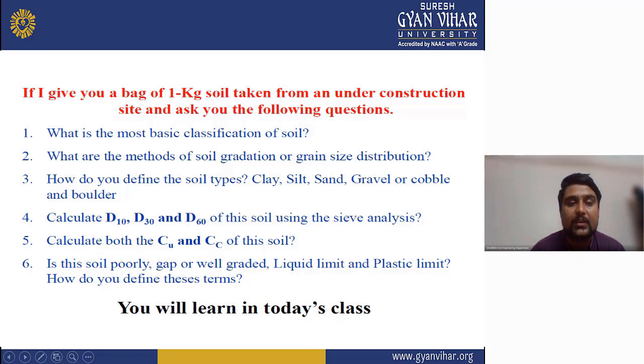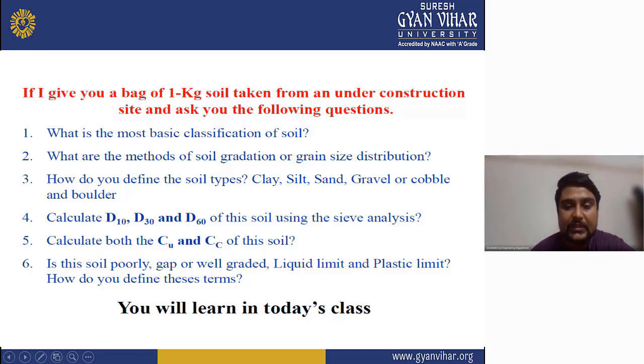Now we will see how to determine the grain size distribution and how we perform this test. For coarse grained soil, we use sieve analysis; for fine grained soil, hydrometer analysis. If the soil is coarse grained, we have to do the sieve analysis. If the soil grains are fine, we have to do hydrometer analysis.